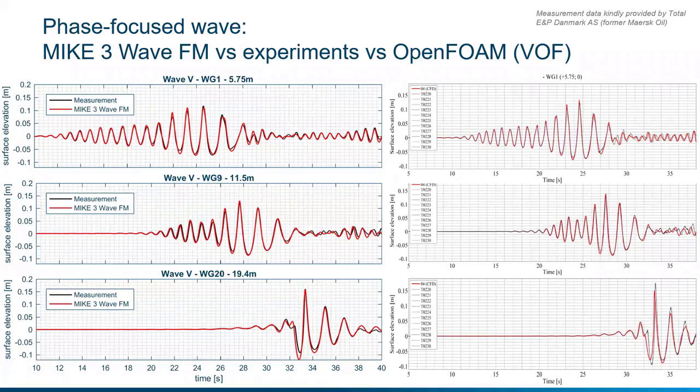To the right, we see a traditional CFD OpenFOAM model, and we see that both models are performing quite well, actually. Here we see a wave train coming together before collapsing into a single breaking wave. So it's an extreme wave case scenario. And we can see in the bottom left that MIKE 3 Wave FM captures the crest elevation quite accurately, even more accurately actually than the CFD model to the right.